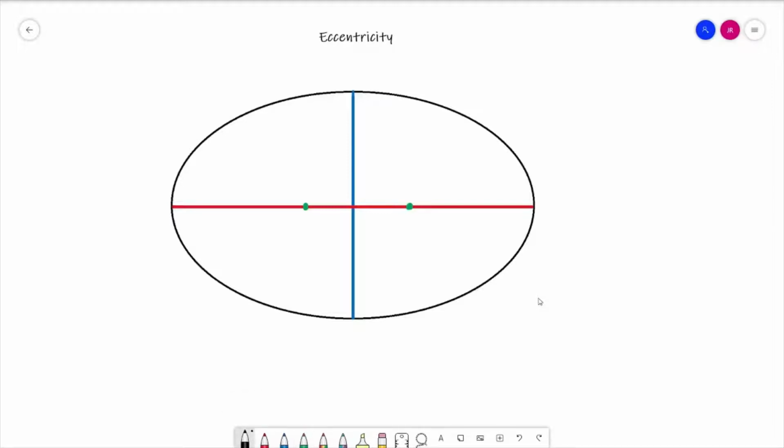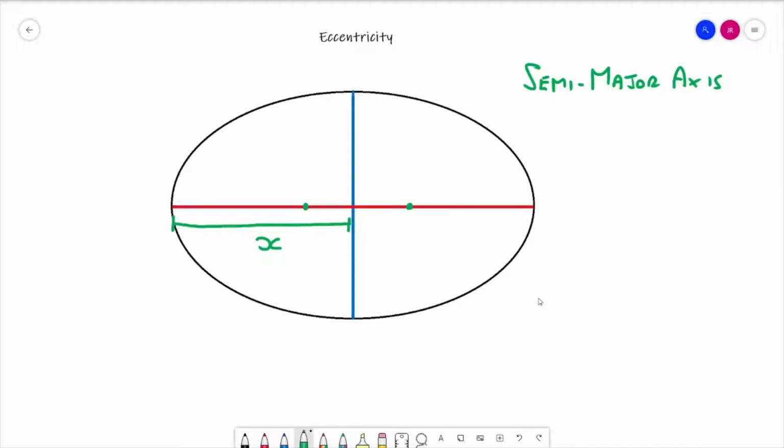Firstly, I'm just going to define this distance here, which you can see is half of the major axis and is therefore known as the semi-major axis. I'm going to define that as a distance x.